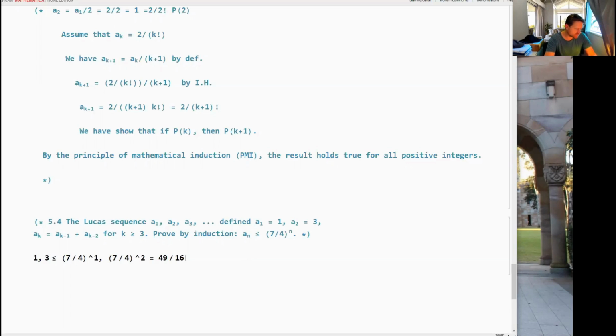So yeah, that's true. So 49 over 16 is greater or equal to 3 because 3 times 16 is 48. Okay, so we see that we have P of 1 and P of 2, which are the statements for the first two terms. Great, so let's make this a comment.